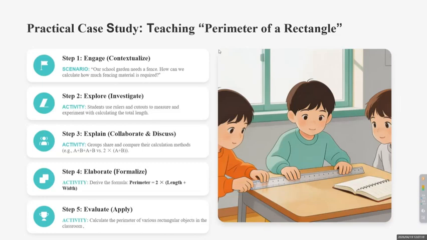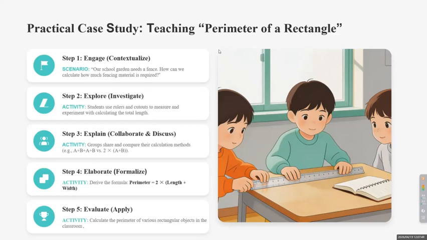Next is step 2, explore. We provide students with rulers and rectangular cutouts representing the garden. Their task is to investigate, to measure the sizes and experiment with different ways to calculate the total length around the shape.